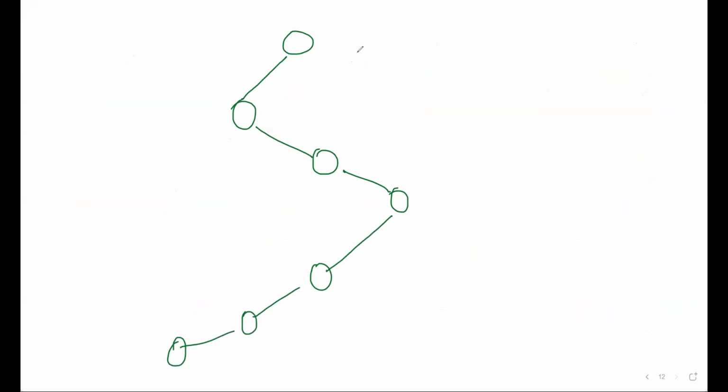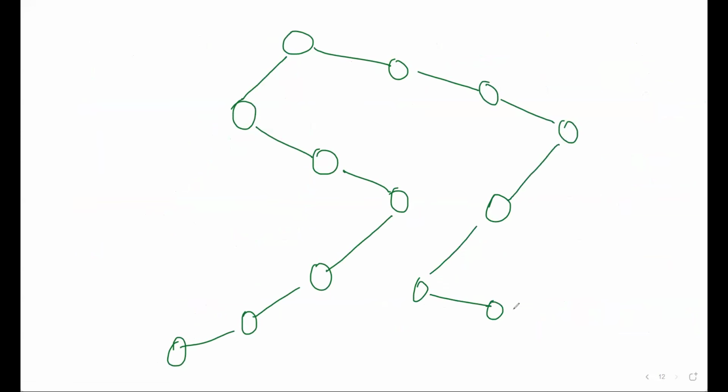Consider this case. In this case, the nodes that are going to be printed: this node is at 0, this at minus 1, this at 0, 1, 0, minus 1, minus 2.